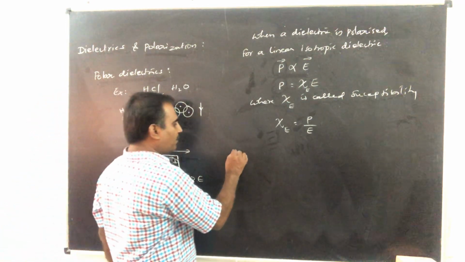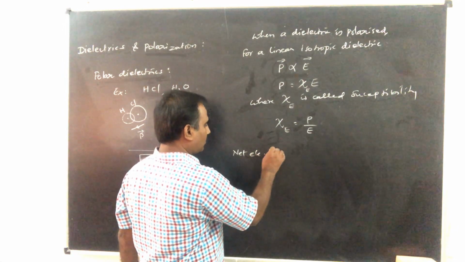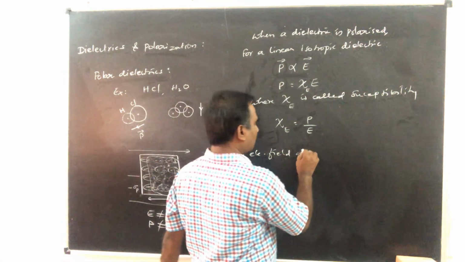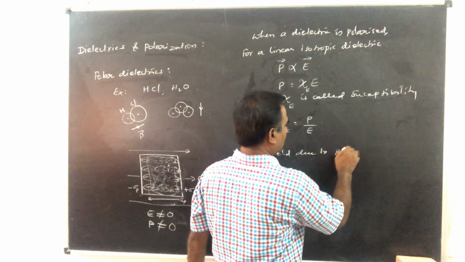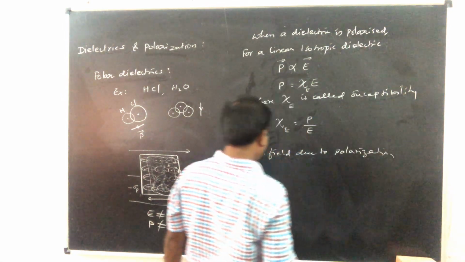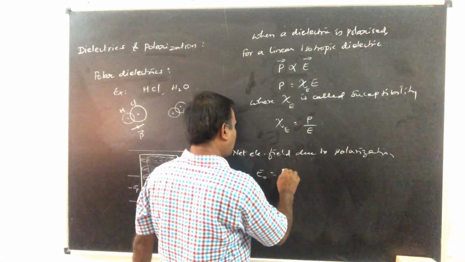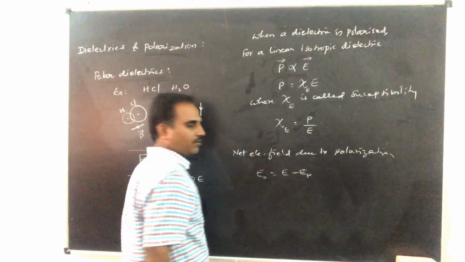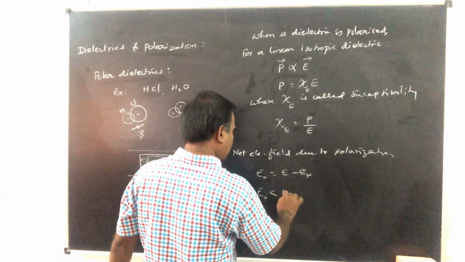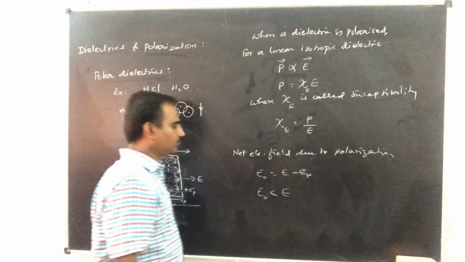Therefore, the net electric field due to polarization, E, becomes E naught minus EP. So this E is less than E naught.